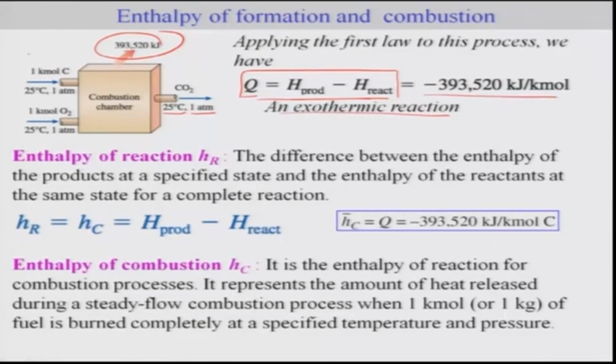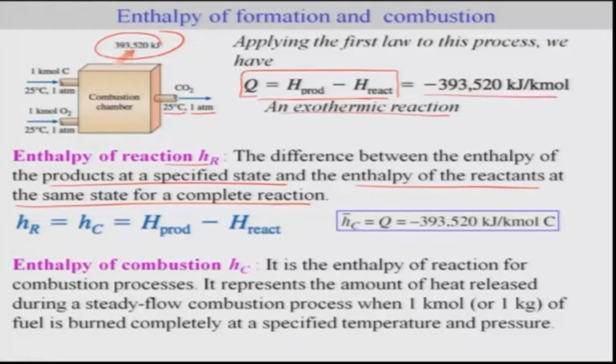In order to further analyze such kinds of processes, let me first define two terms. One is the enthalpy of reaction, which is nothing but the difference between the enthalpy of the products at the specified state and the enthalpy of the reactants at the same state for a complete reaction.